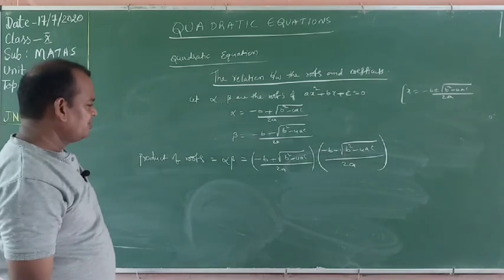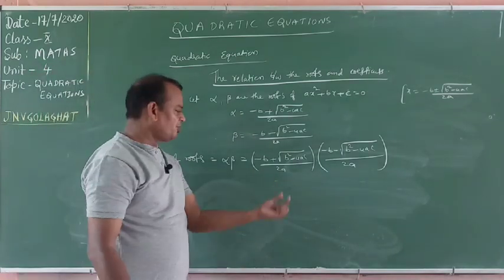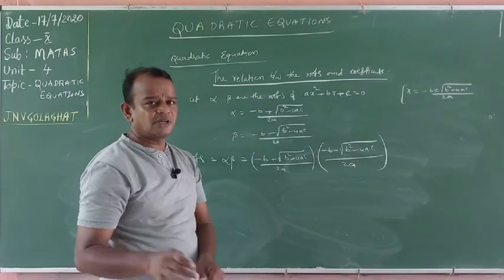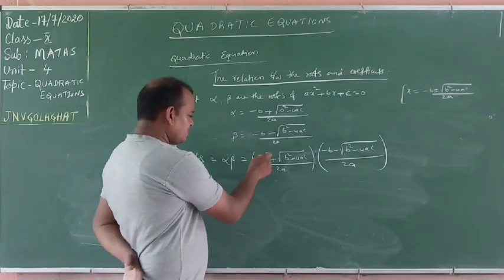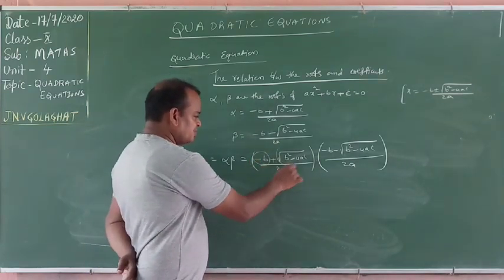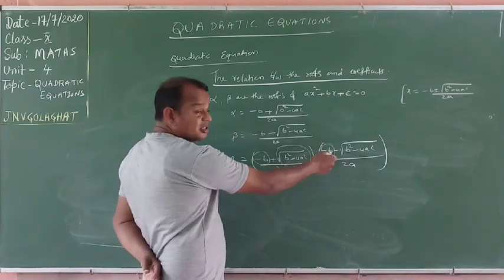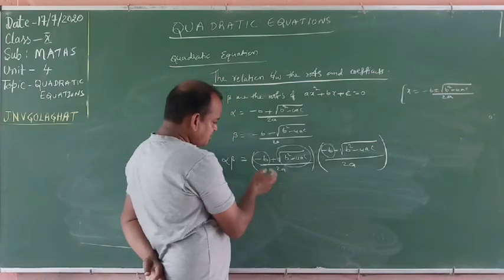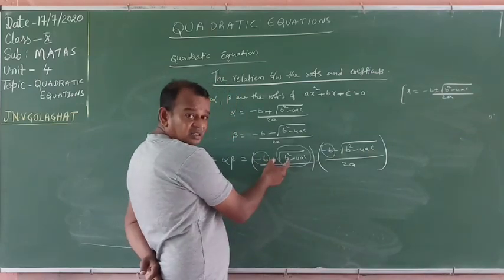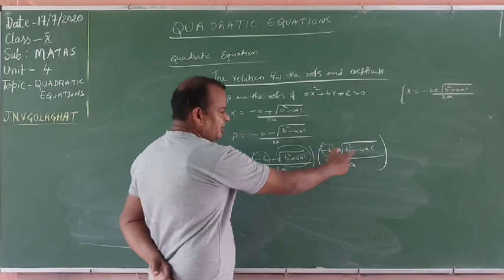Now simply observe that. The denominator is 2a into 2a, which is 4a square, 100%, no doubt at all. Numerator: observe that. Suppose this value is a and this value is b. Same values, this is also a, this is b.